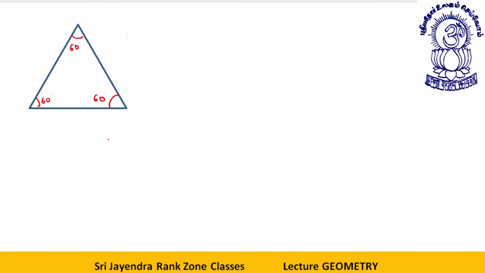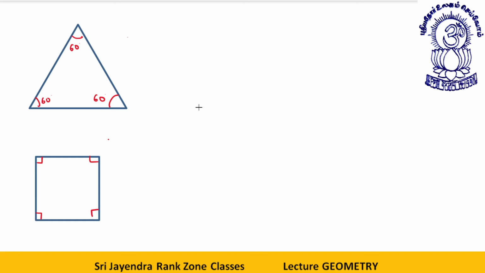Let's talk about a square. This is a square. Each of the angles is 90 degree. All the sides are equal. Let's talk about a regular pentagon. Let me search for a regular pentagon first. This is a pentagon.